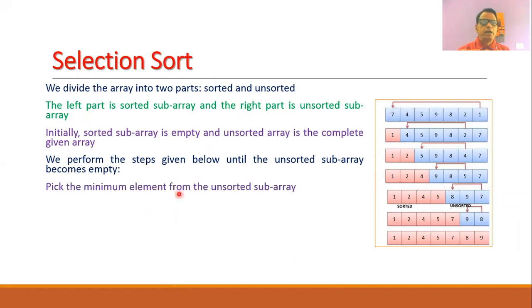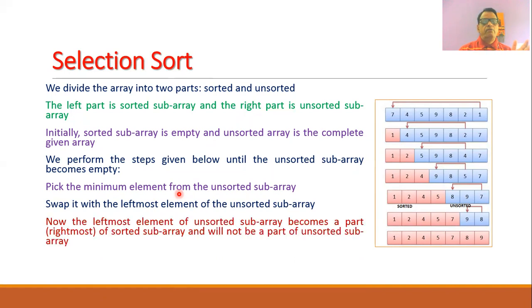So we'll pick up the minimum element, or the lowest element, from the given set of elements in the unsorted array. And then we will swap it with the leftmost element of the unsorted subarray. And then you will find that the leftmost element will become a part of the sorted array, and it will not be a part of the unsorted array now.